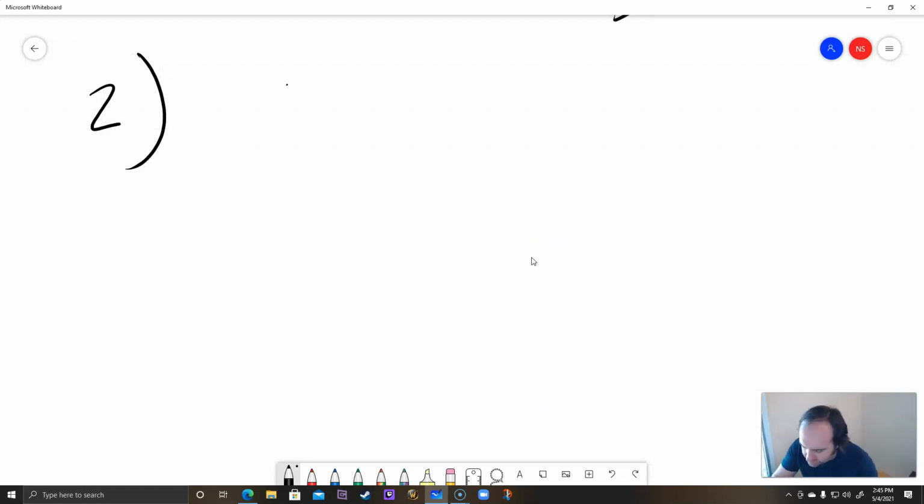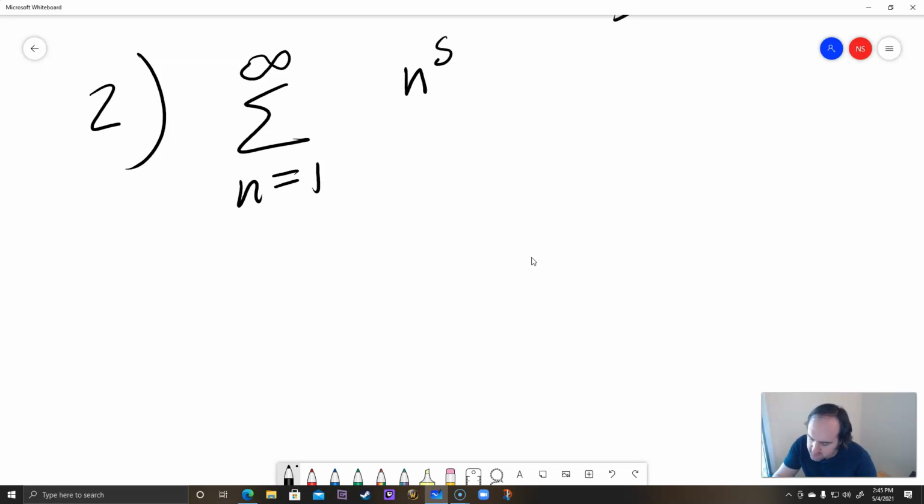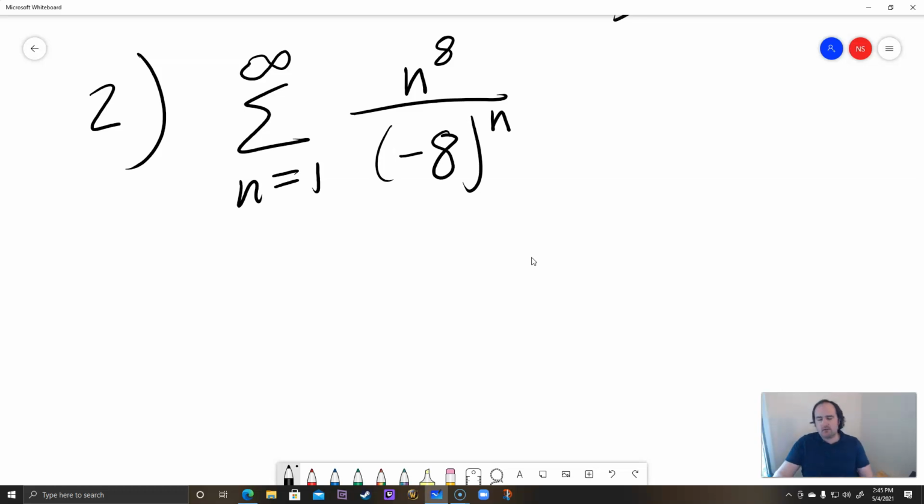So for this one, we have the sum from n equals 1 to infinity of n to the 8 over negative 8 raised to the nth power.